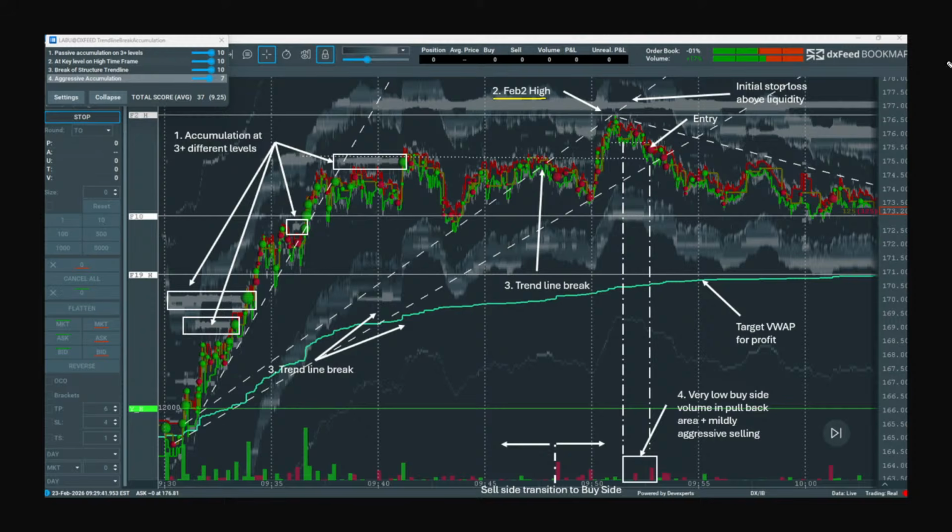As I look back on this one, my entry is a little early, to be honest. The second time I would have liked to see the book sweep down and then the pullback. I'll be curious to hear what everybody's thoughts are on that. I feel like I maybe entered early and didn't wait for the book sweep and then the pullback up further to the right. But it ended up working good.